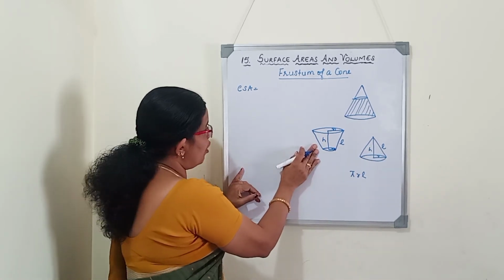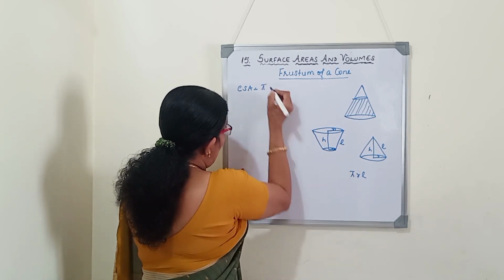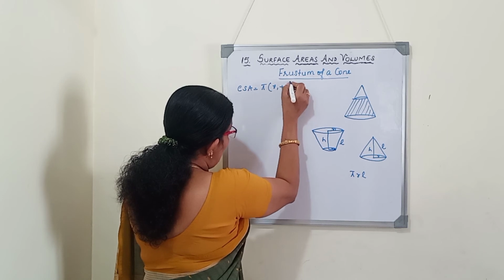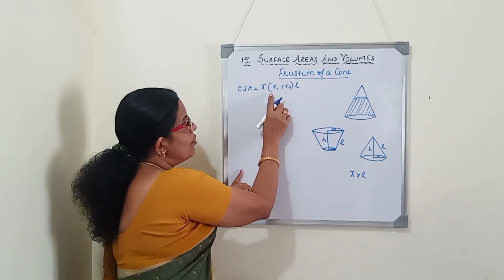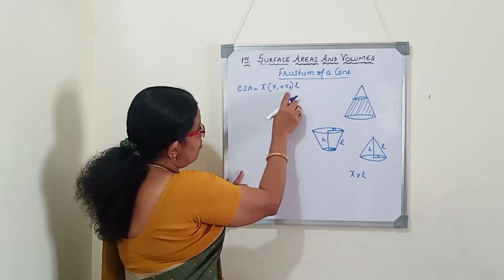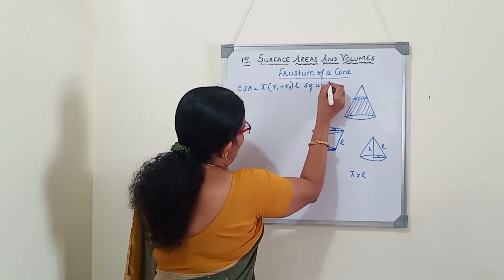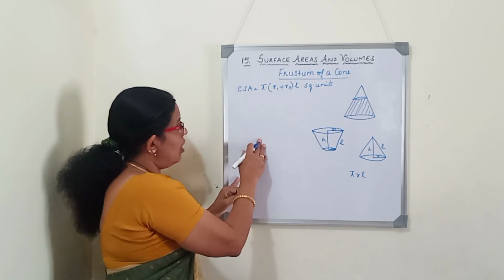For frustum of a cone, instead of R, we will write R1 plus R2 into L. We can write pi L into R1 plus R2, or pi R1 plus R2 into L square units. This is the CSA of the frustum of a cone.